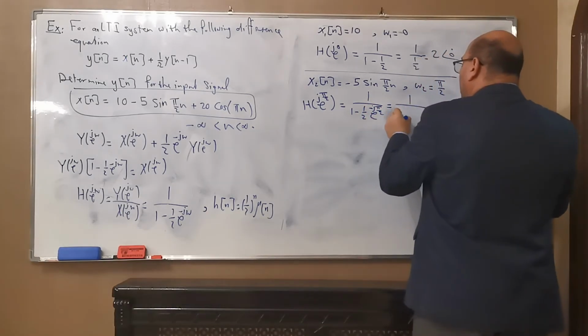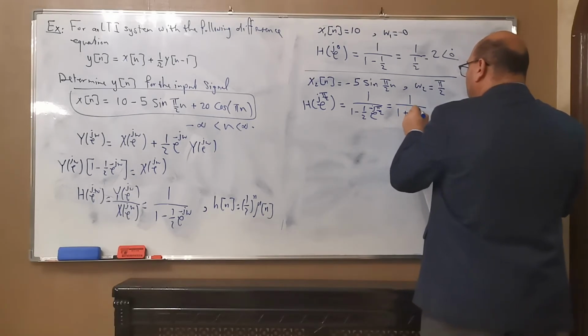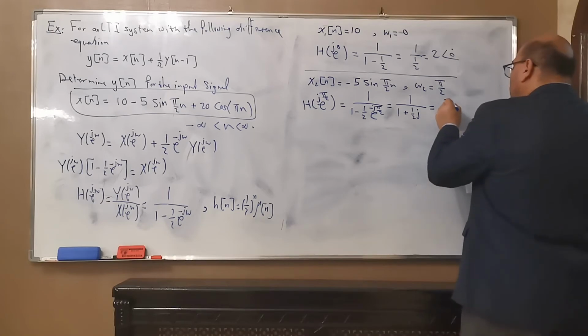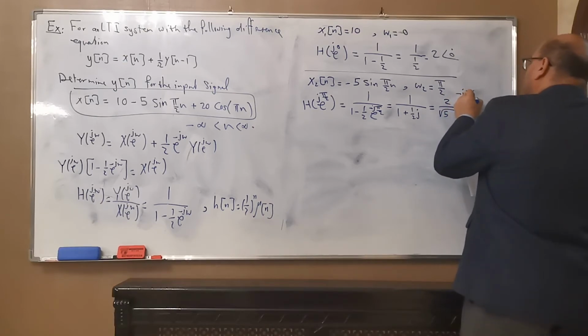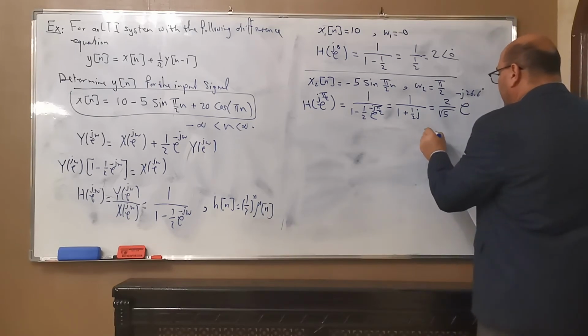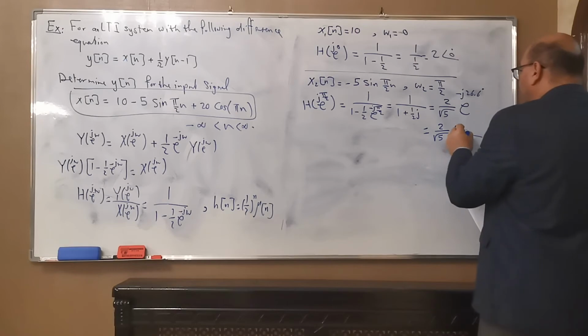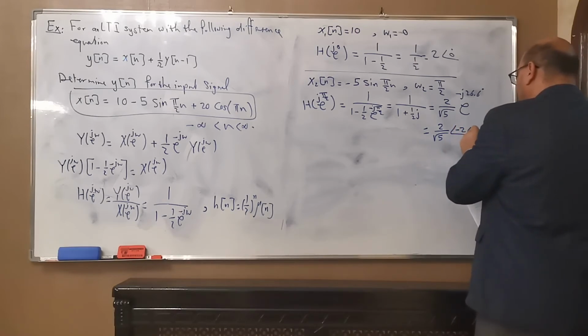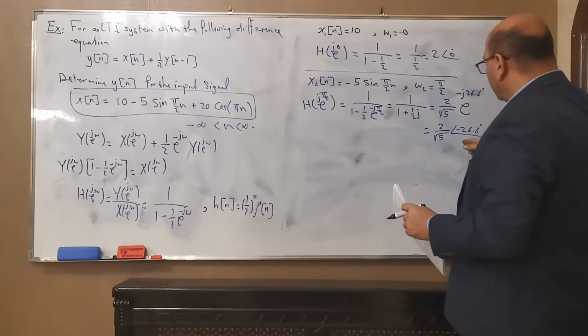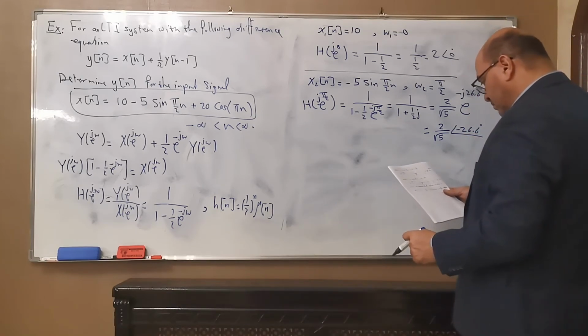This equals 1 over (1 + 1/2 j), and this equals 2 over square root of 5 with an angle of −26.6 degrees. Or you can put it in the phasor form, −26.6 degrees. Both are the same, this is the polar form, and this is the phasor form.